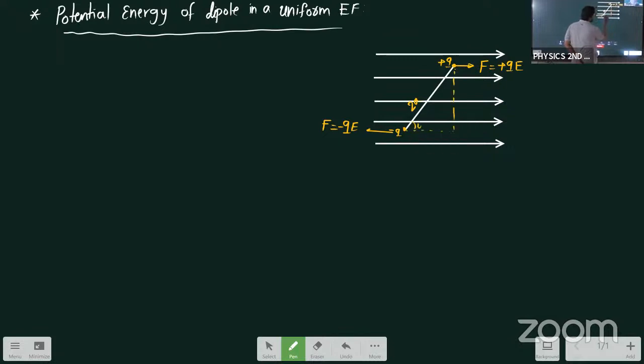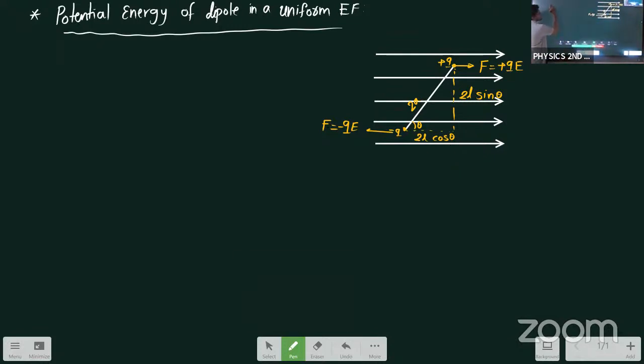This angle was theta and this component was 2a cos theta. These are the things which we have already discussed in electric charges and field. Now we are going to determine the potential energy of this electric dipole whenever it is placed in a uniform electric field.